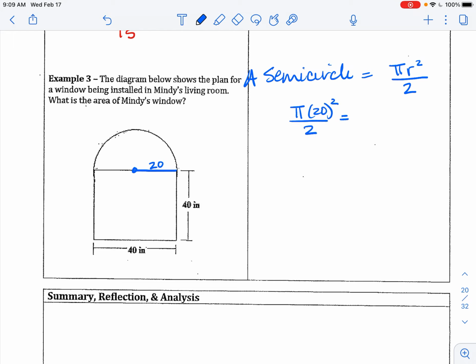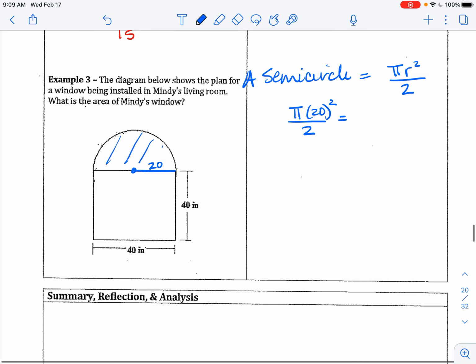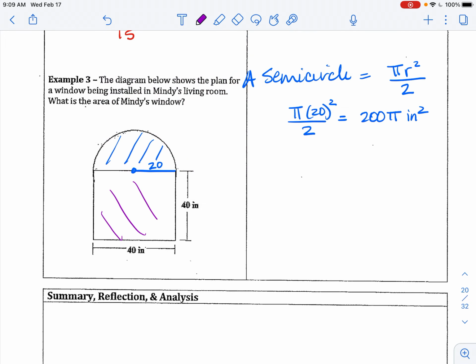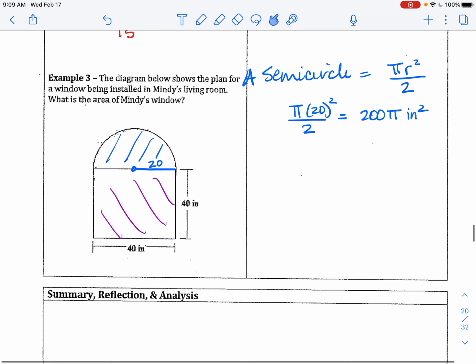That's the area of the semicircle. Okay, so 20 squared is 400, divided by 2 is 200, so that's 200 pi inches squared. I'll go ahead and put the units on. And now we just have a rectangle at the bottom. Actually, it's a square because these two are the same. And so area of a square is just side squared.